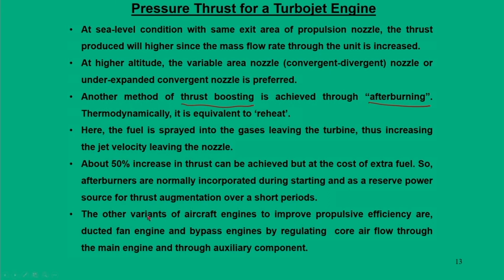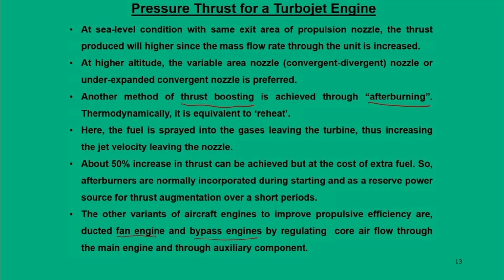And apart from this thrust boosting, people use another variant of aircraft engines, which we call a fan engine or bypass engine. When the air enters the engine, whether we say turboprop or turbojet engines, all this air that comes in we call the primary air.